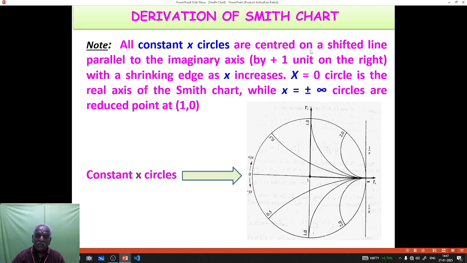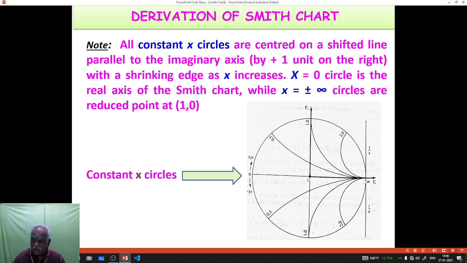Now constant x circles are centered on a line parallel to the imaginary axis, shifted by 1 unit to the right side, with a shrinking size as x increases. The x is equal to 0 circle is the real axis of the Smith chart, while x equal to plus or minus infinity circles are reduced to the point 1 comma 0. Real part of the reflection coefficient is 1 and imaginary part is 0.